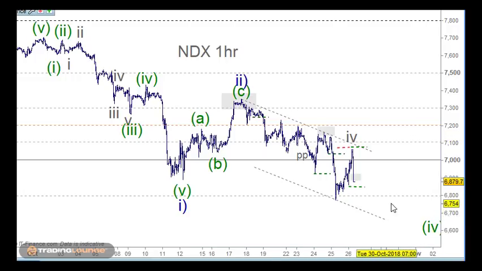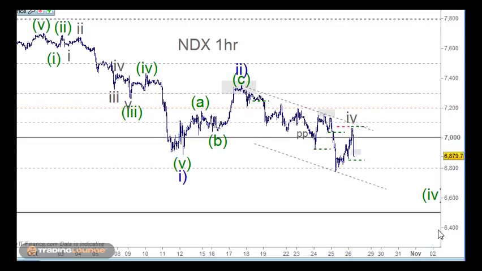So if this 8 here becomes the retested resistance, then we know that we're going to be going down to 6,500 at that particular point in time. And also too, looking across here, we can see that this is like a classic trading levels pattern.